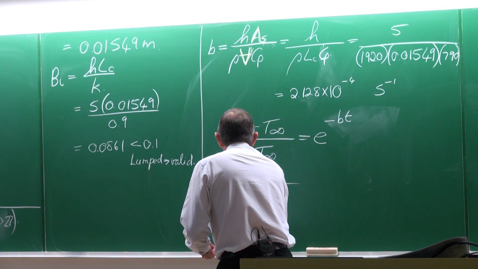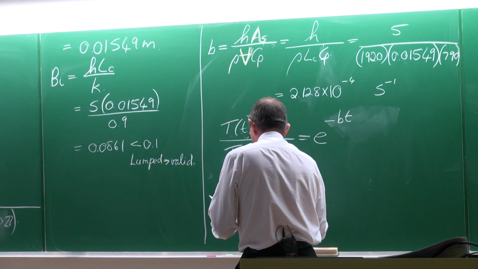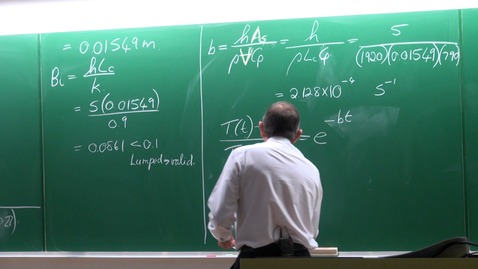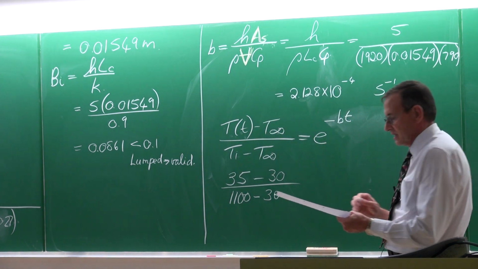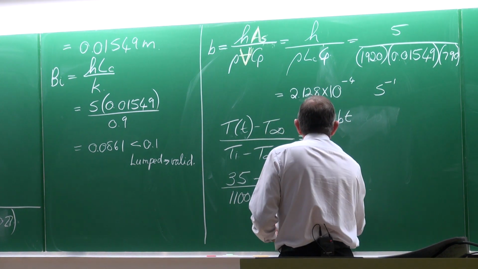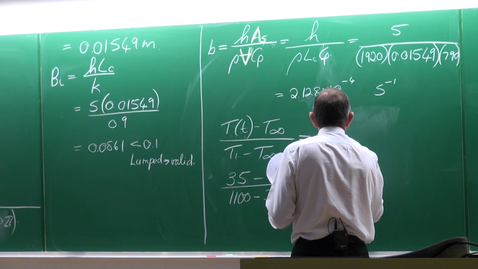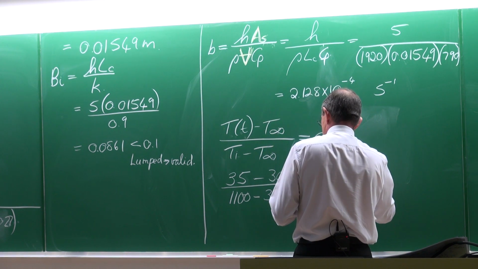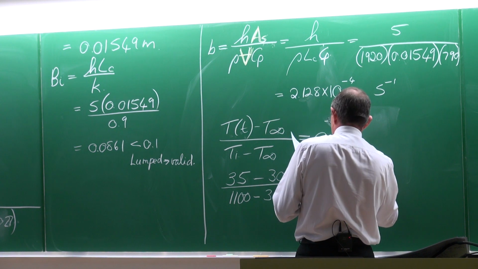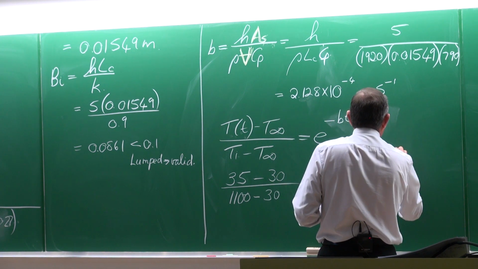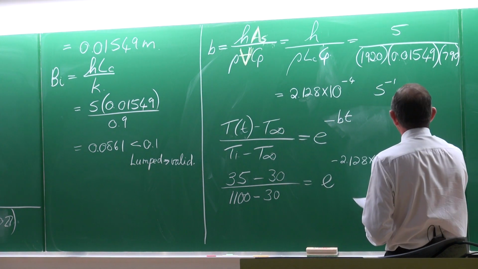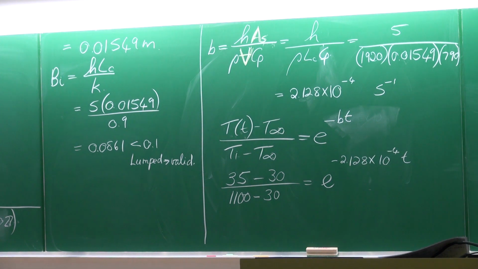The initial temperature of the brick was 1100, and the environment temperature again is 30, is equal to e to the minus 2.128 multiplied by 10 to the minus 4 multiplied by t. t is the only unknown.